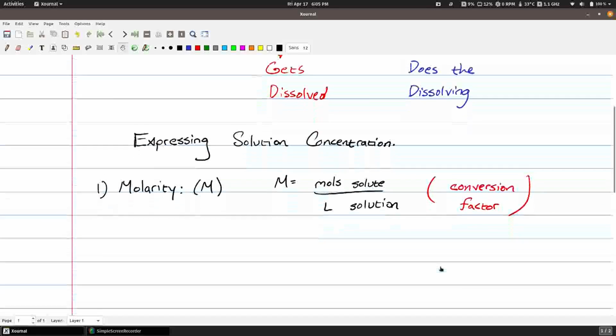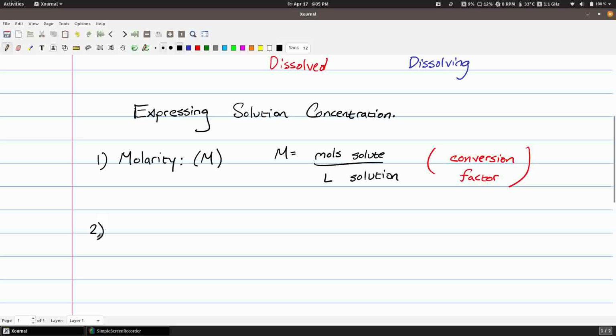Alright. Our second would be molality. So molality is used more when you're doing very large quantities, but it's expressed with a lowercase m. And it is m equals moles of solute divided by kilograms of solvent.